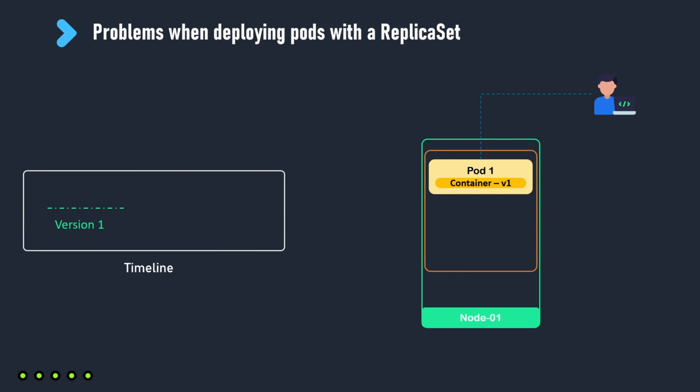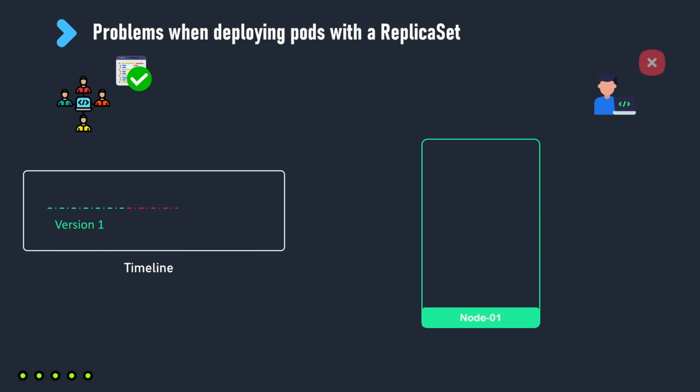Then the dev team will continue improving the first version by fixing bugs and adding new features. And when the new version is available, we need first of all to remove the pods running the first version by deleting the replica set. Then we update the version of the Docker image.